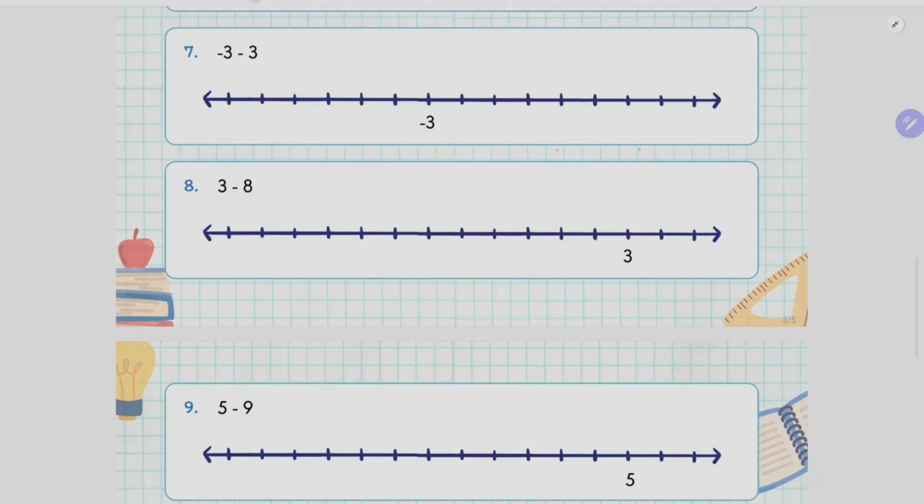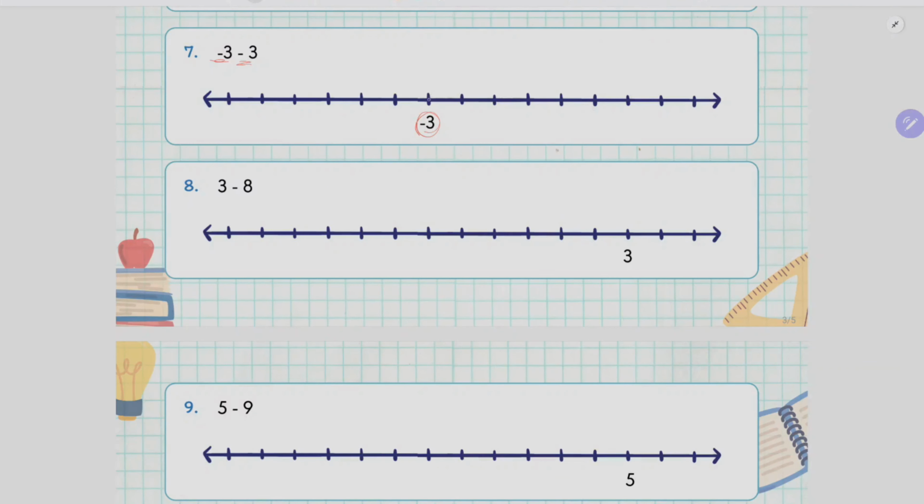Now this is slightly interesting. Notice that we have two separate negative numbers. So let's see how we do this. We start at -3 and we go 3 to the left since it's a negative.